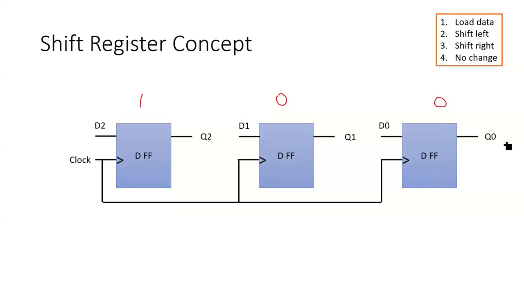And then your Q2, Q1, Q0 are 1 0 and 0, right? Now you should be able to, well, first of all, load this data in these D flip-flops. The other operations are shift this data left and right. So suppose you are shifting this data towards right. Then in the next clock cycle, you should be able to, this is, let's say, first clock cycle.